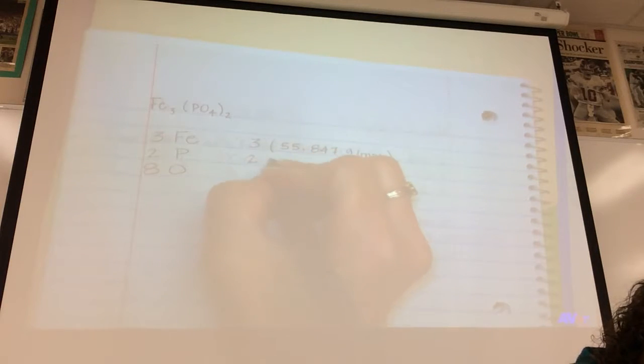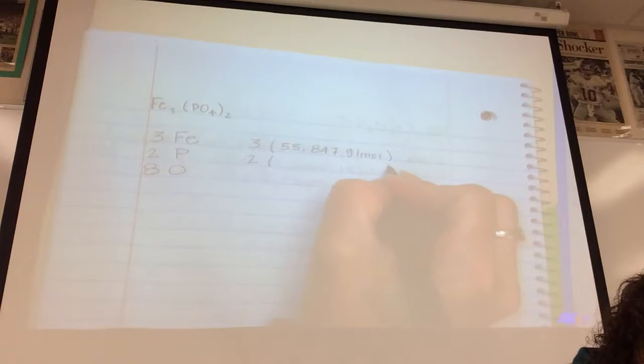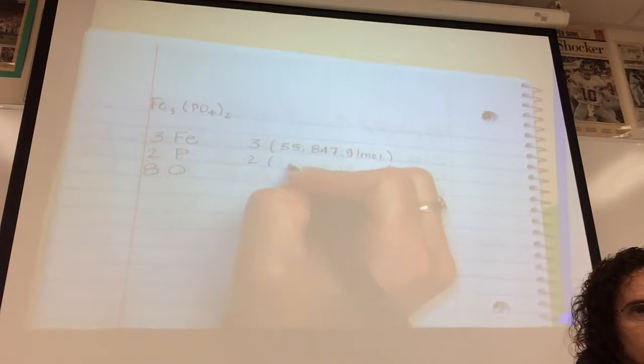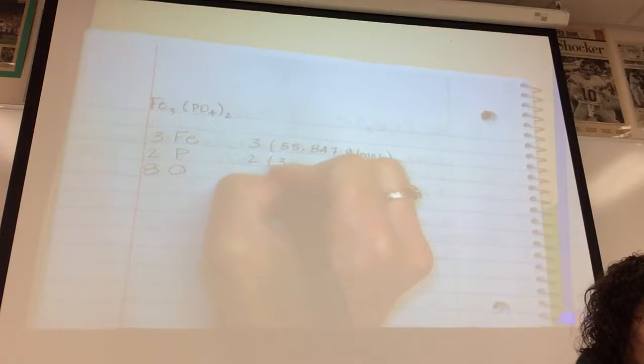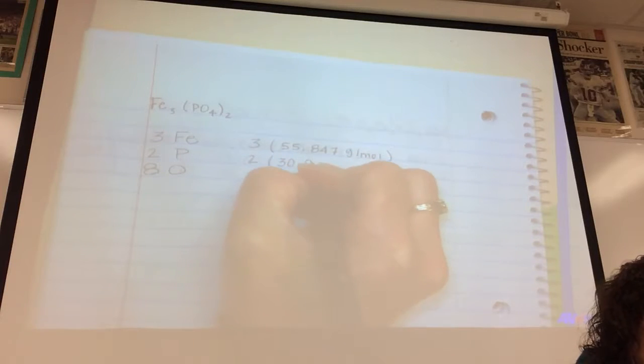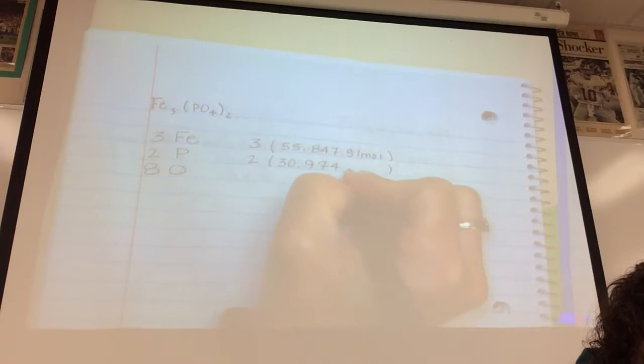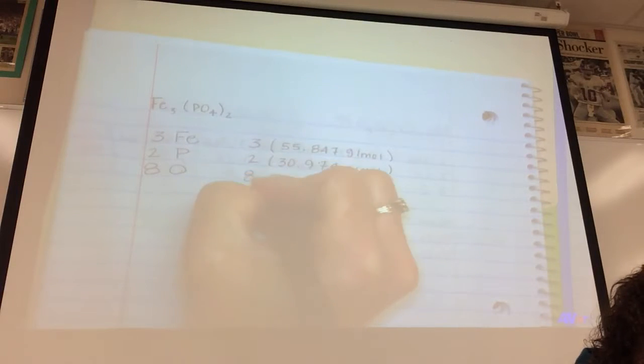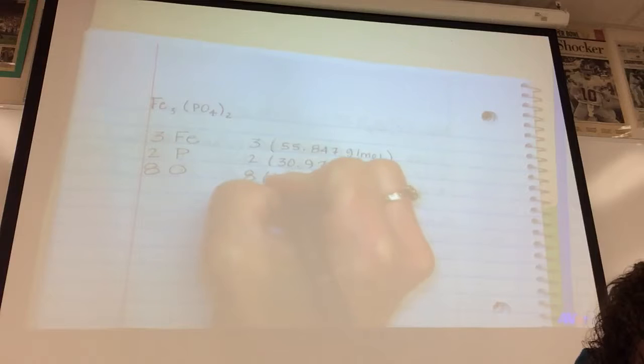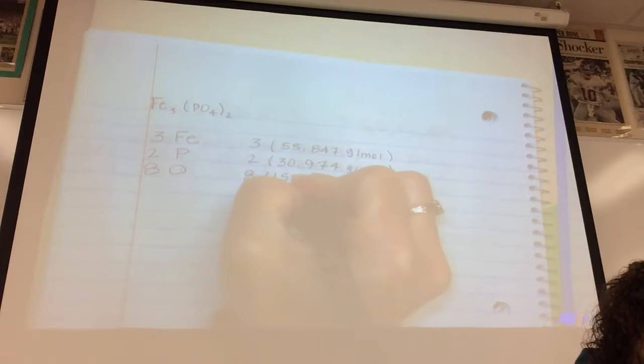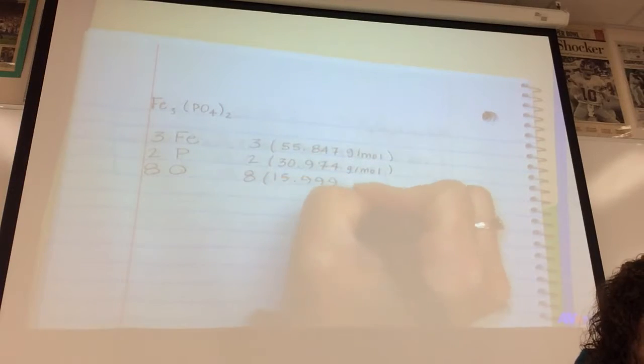Phosphorus. What is the molar mass of phosphorus? 30.974 grams per mole. And oxygen, you'll know this one in no time because we use it all the time, 15.999 grams per mole.